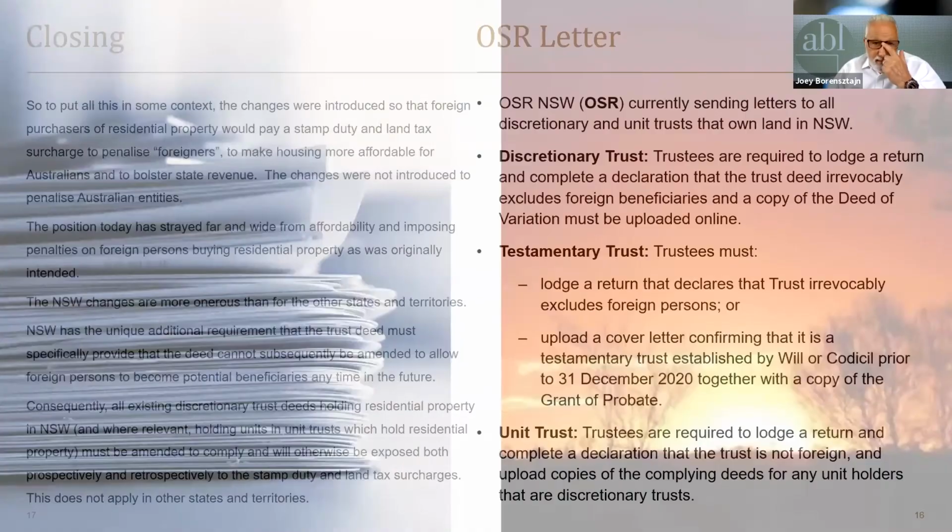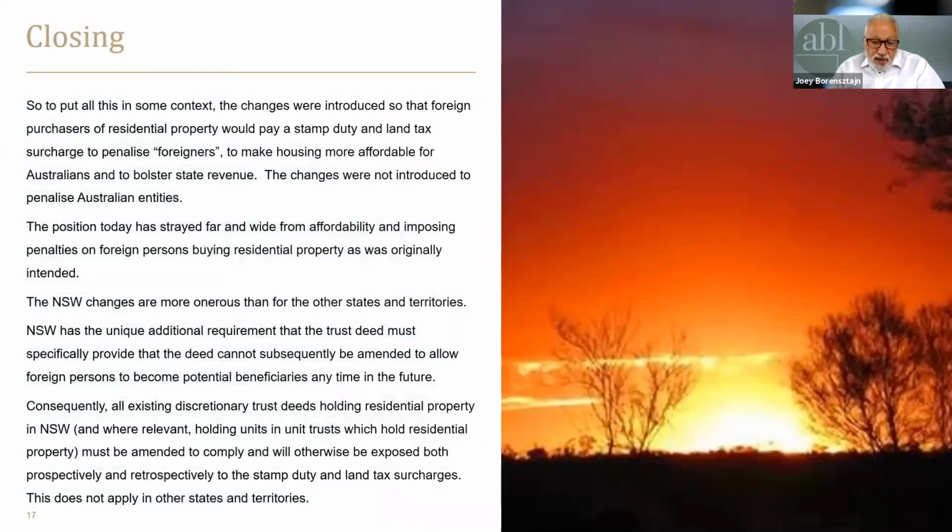So in closing, to put all of this in some context, when you consider the changes were introduced so that foreign purchasers of residential property would pay a stamp duty and land tax surcharge to discourage them from acquiring Australian property or to penalise them for doing so, and also intended to make housing more affordable for Australians and bolster state revenue, these changes were not introduced to penalise Australian entities, or so they said.